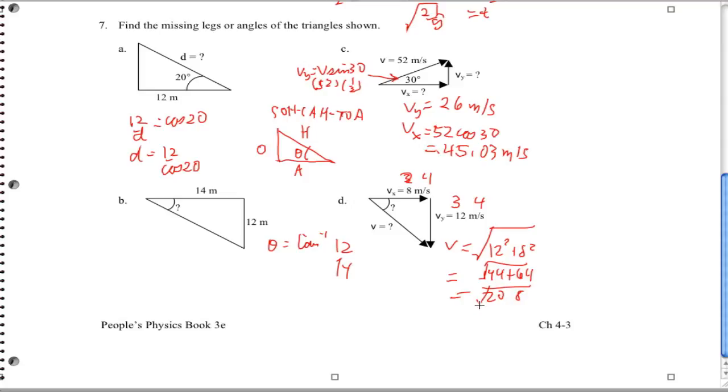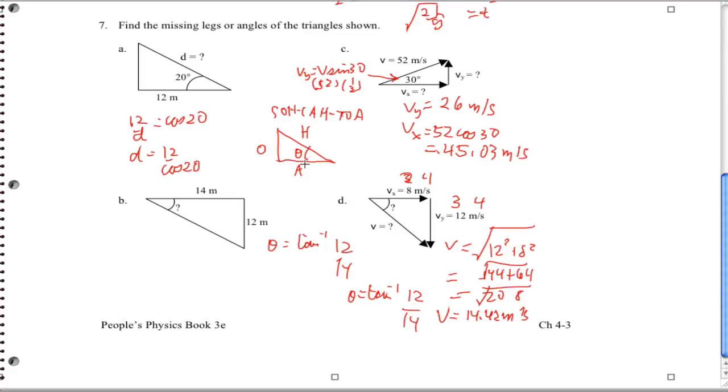When we actually get that number, it works out to 14.42. And then, of course, to get the angle, we're going to do the inverse tangent of 12 divided by 14, which I'll let you check.